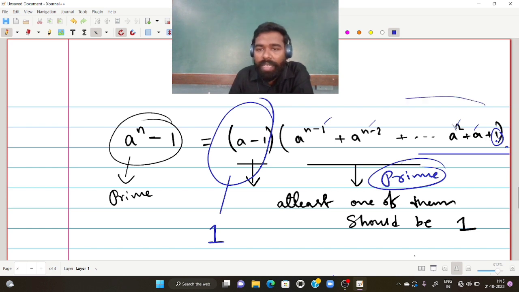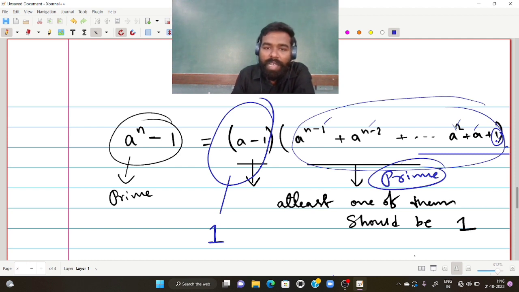This whole bracket cannot be 1. Why? Because it is more than 1. And now you can see that a could have a value such that we subtract 1 from it, then yes it can be 1, because by subtracting we can get anything. But here there is already 1, and something has to be added to 1, which means it will grow, it will become more than 1.